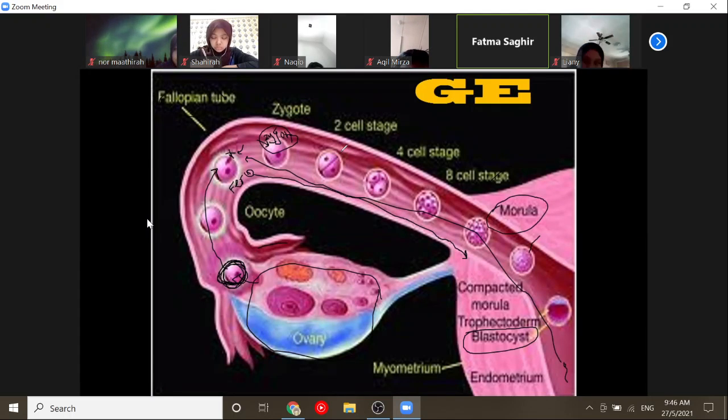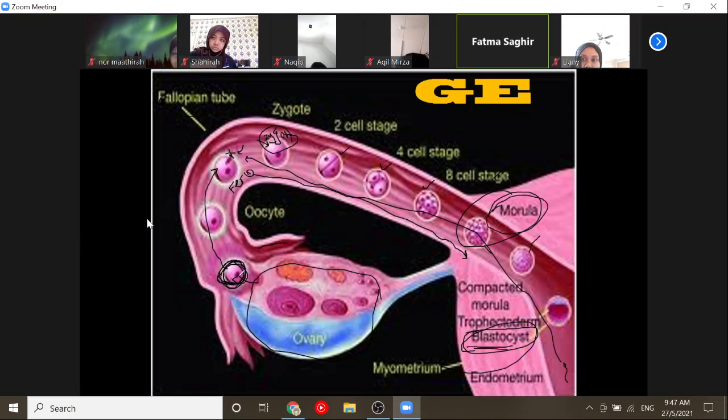Mitotic division will give us two cells, then 4, 8, 16, until we get the morula. The morula itself is just a group of cells bound together. The morula will develop into the blastocyst.